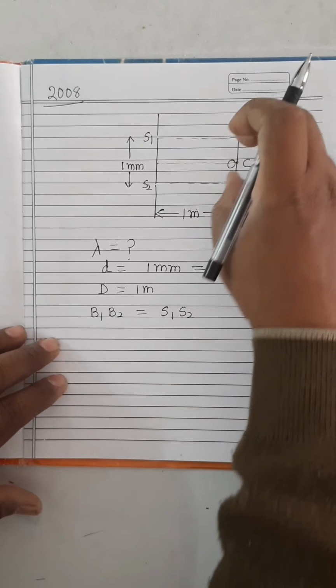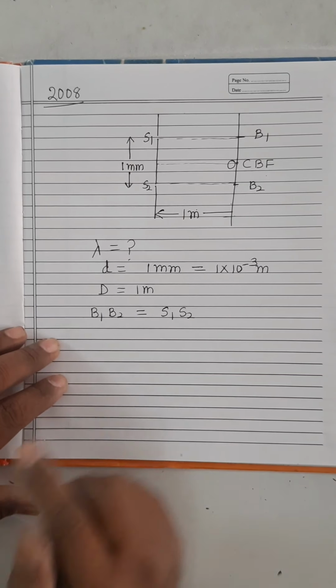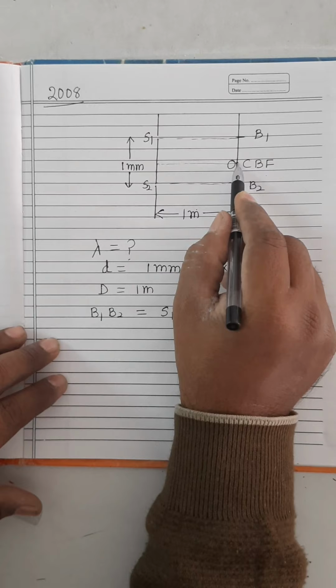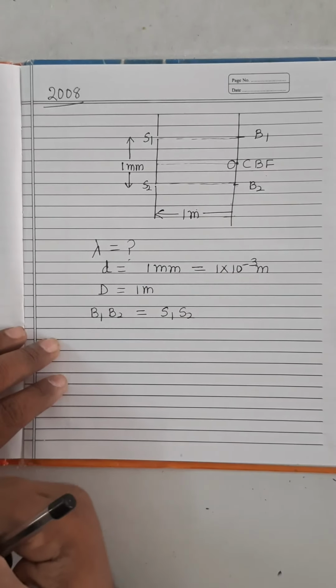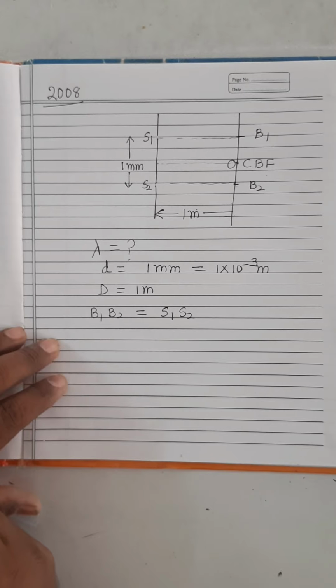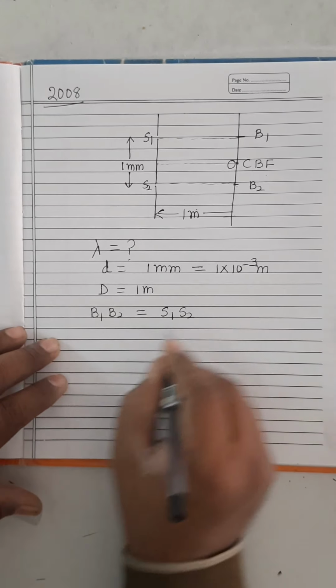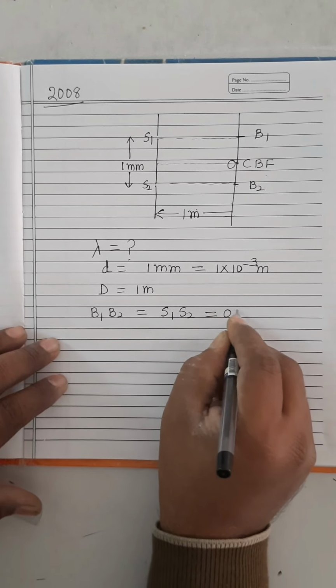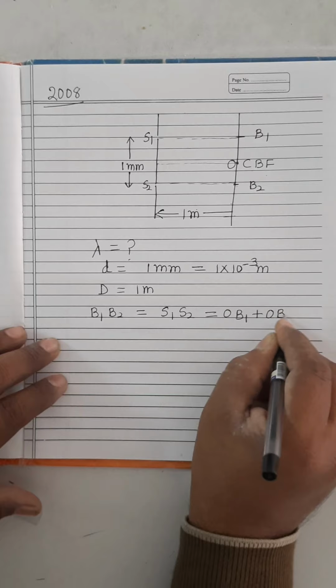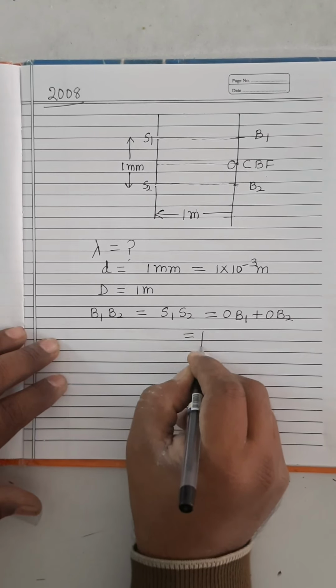Now what will it be in terms of beta? So see here, central bright fringe, the next bright fringe will be B1. Distance between two consecutive bright fringes is known as the fringe width. Means OB1 and OB2 are what? You can write OB1 plus OB2, and OB1 and OB2 both are beta.